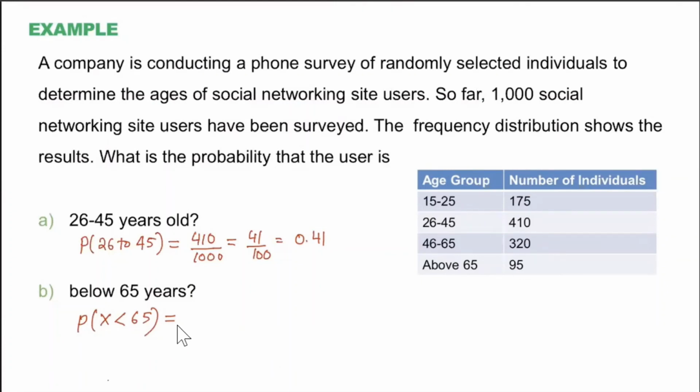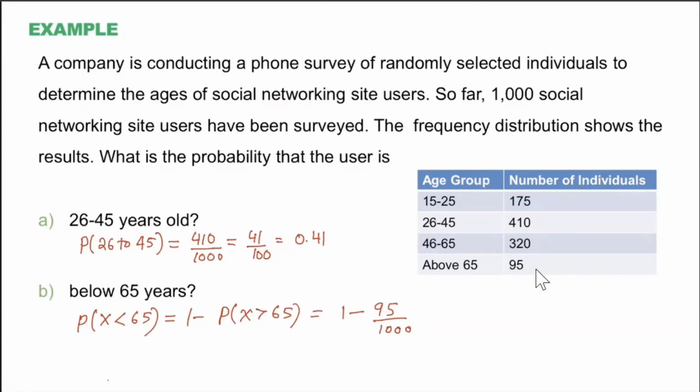So the probability will be 1 minus the probability their age is greater than 65. So I use that complementary concept. That is equal to 1 minus the probability their age is greater than 65. How many users are there? You can see 95, right? 95 out of 1000. Now you can subtract that.